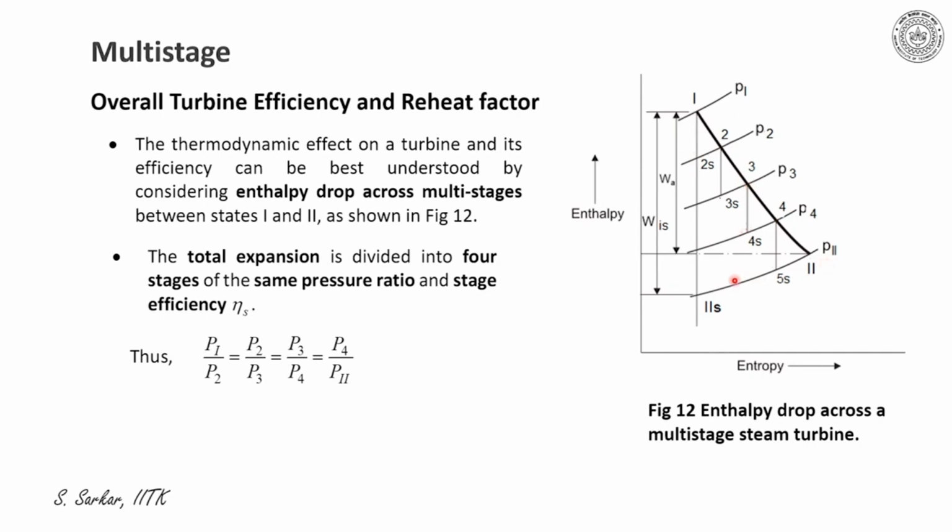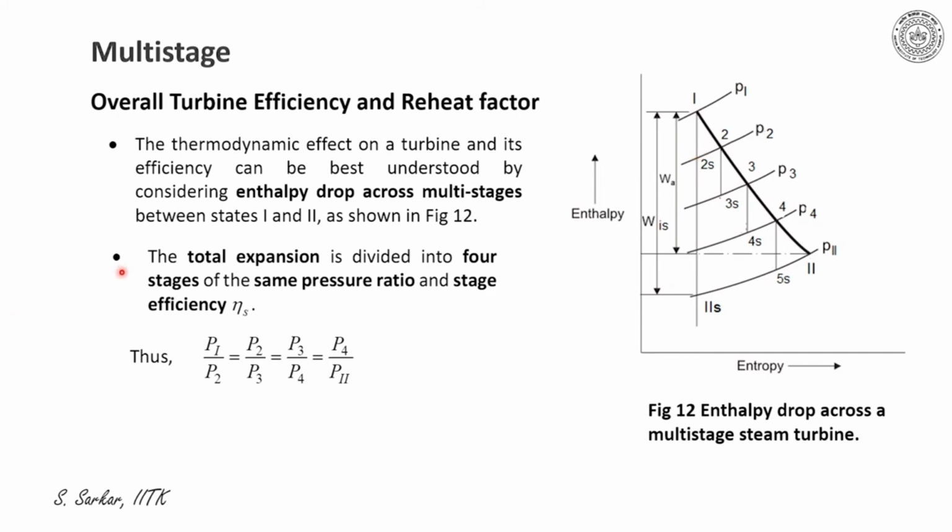Now P1 be the inlet pressure and P2 indicates the exit pressure from the multi-stage turbine, and P2, P3, P4 indicate the intermediate pressures. So I can now know the pressure drop in each stage.